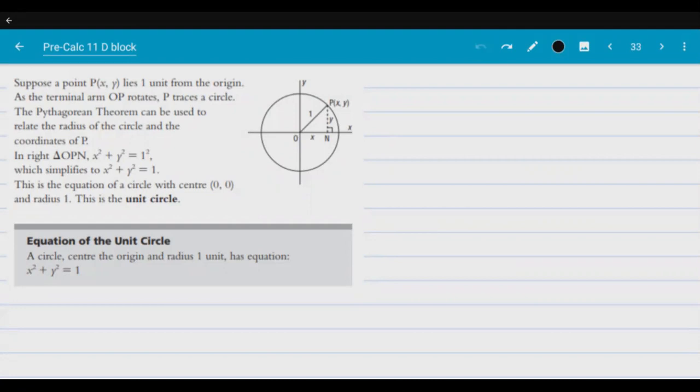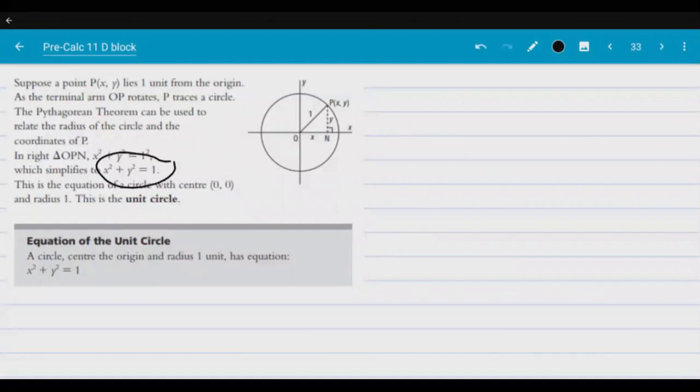So Pythagoras can be used to relate the radius of the circle and the coordinates of P. Using Pythagoras, this one is point P. If you want to find a relationship there, it will be x squared plus y squared equals 1 squared, which is this one.